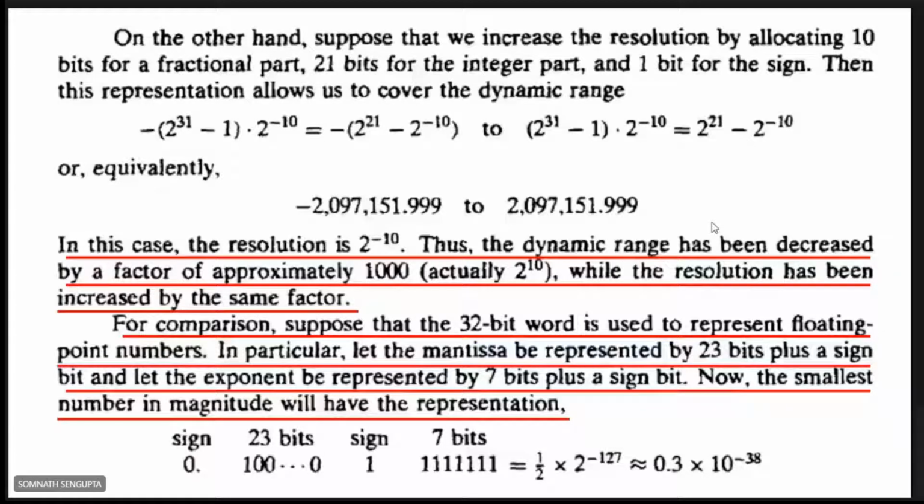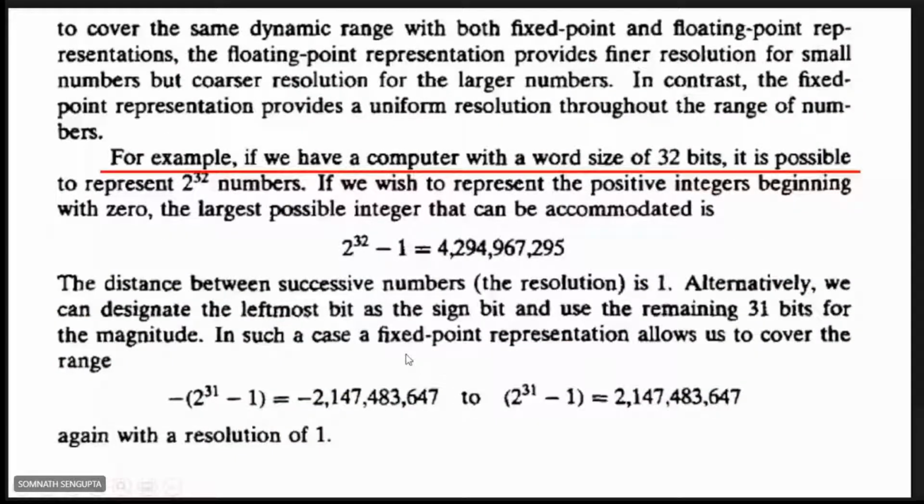But the dynamic range is the resolution. So resolution is increased a lot. Earlier, the distance between successive numbers was only 1 in the case of integer numbers.